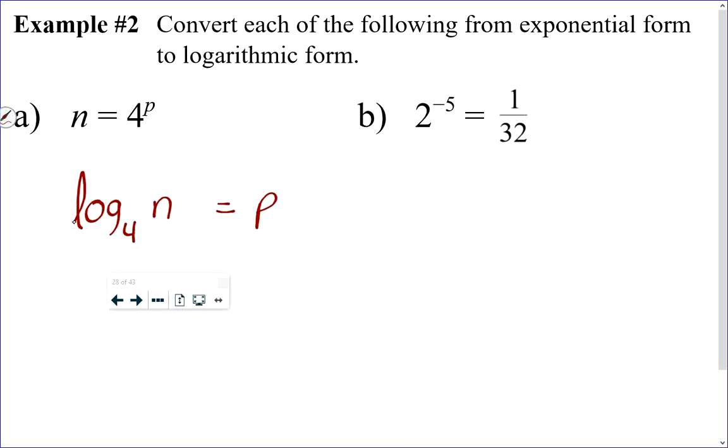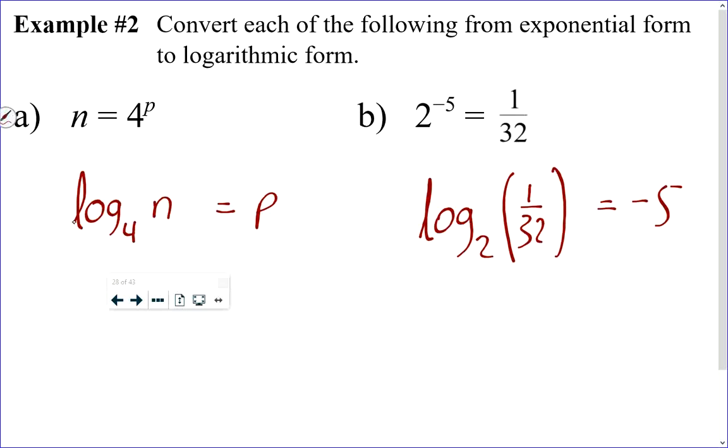So when it's in logarithmic form, and I know I'm going to be very repetitive today, the quantity that's by itself is the exponent in exponential form. If I say to you 2 to the negative 5 equals 1/32, then that can be written as a base 2 logarithm of 1 over 32, and it's equal to the exponent to which you raise 2 to get 1 over 32.